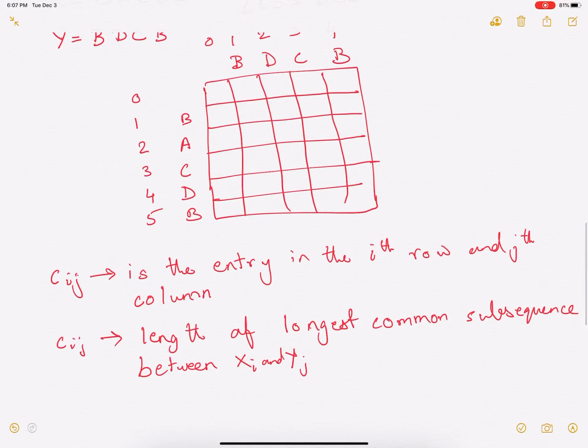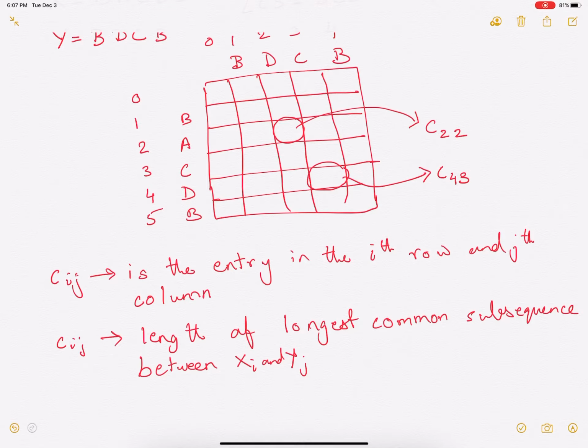So let us assume this block out here. Okay, so that entry is essentially C22. Okay, that's C22. This block out here is C43. Fourth row, third column.